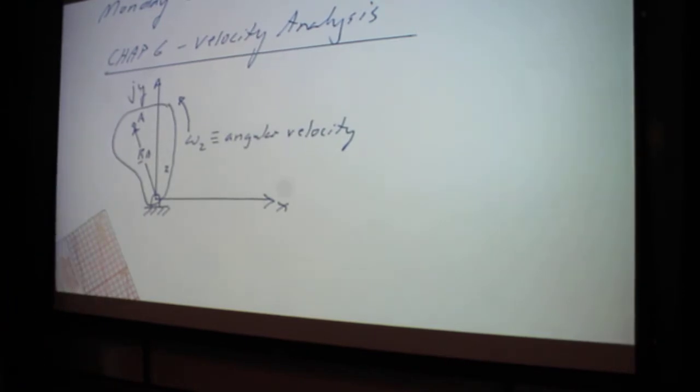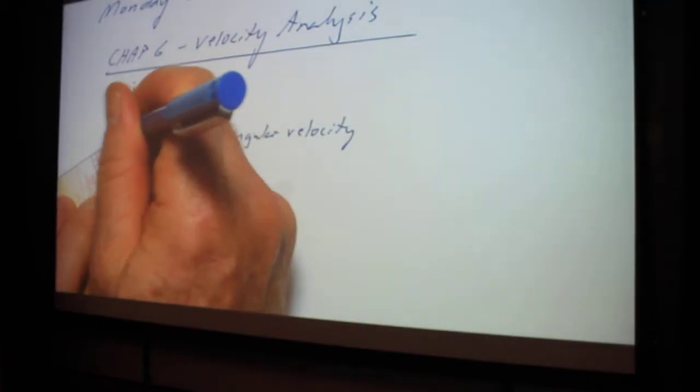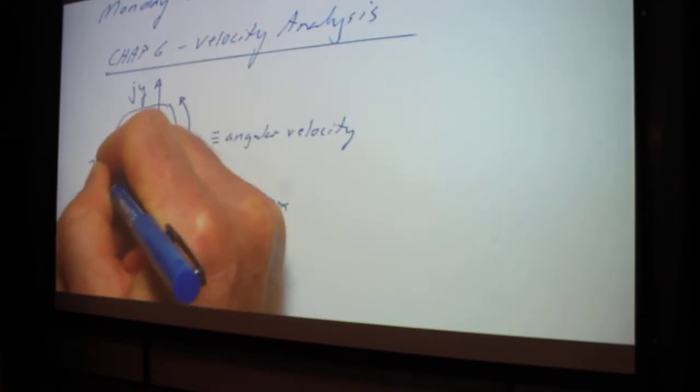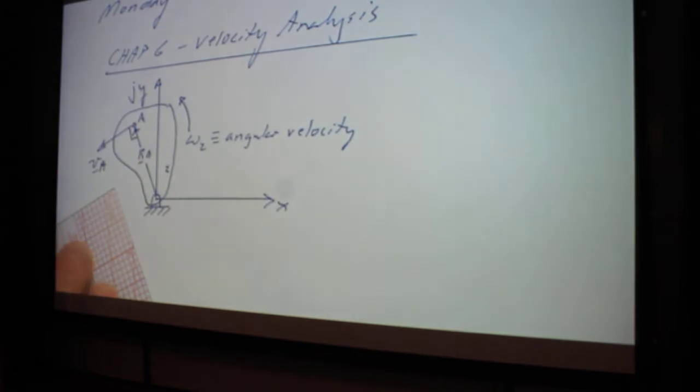So what we do here is we note that this thing here is going like this. That is the linear velocity of point A, going like that.